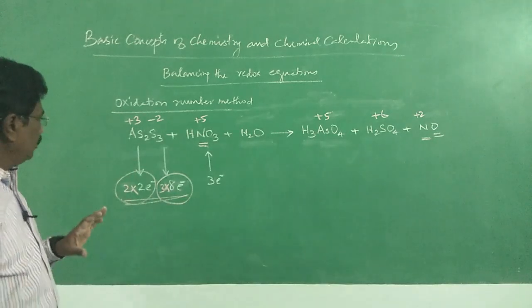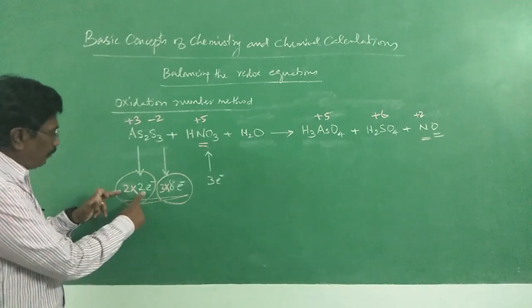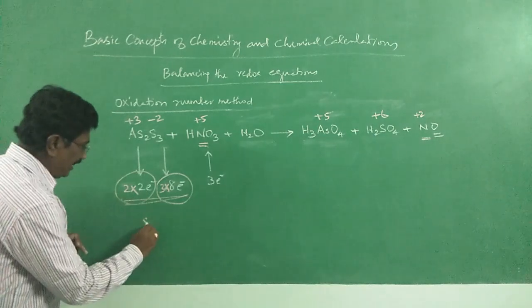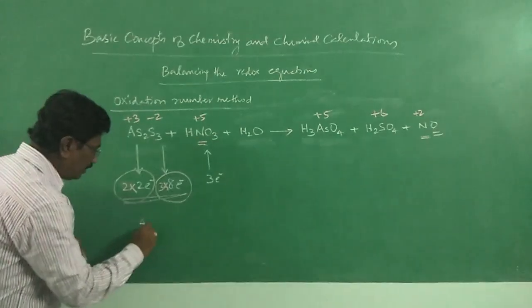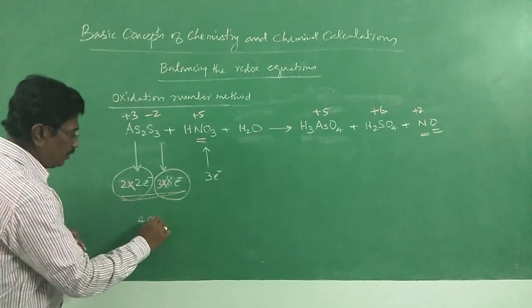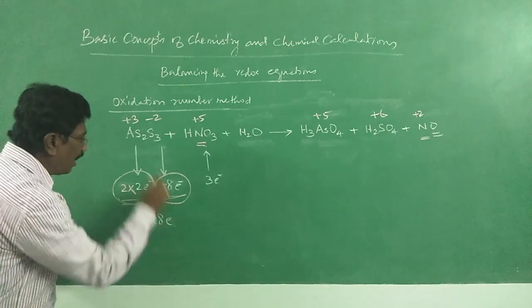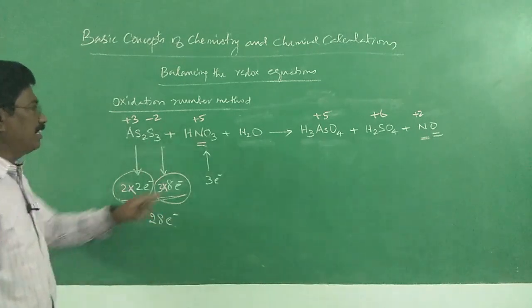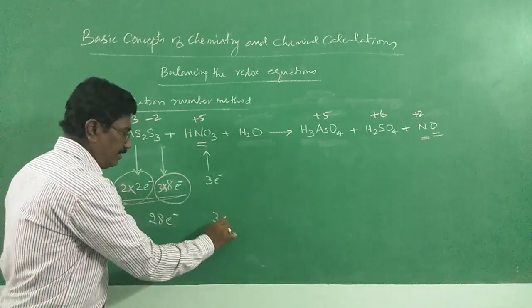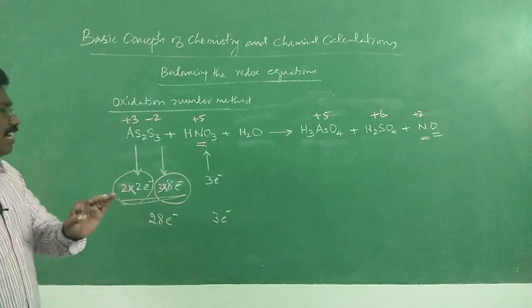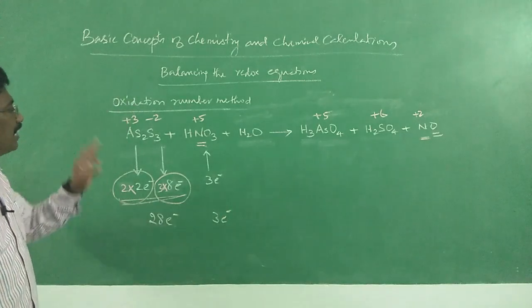So, in this reaction, totally 2 into 2, 4 electrons, plus 3 into 8, 24 electrons. Totally 28 electrons are lost and 3 electrons are gained. In any redox reaction, equal number of electrons should be gained and lost.